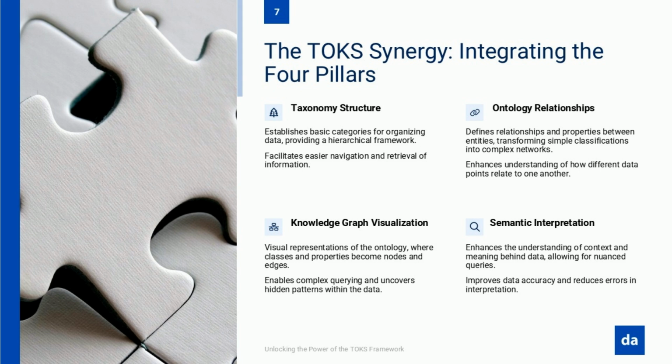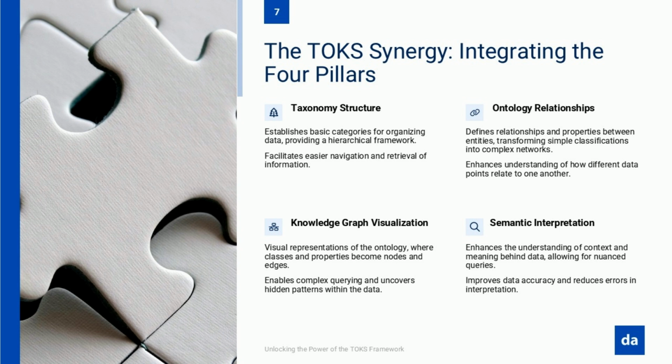For semantic analysis, advanced natural language processing models powered by machine learning can handle increasingly complex linguistic structures and contextual nuances. These models can be trained on domain-specific data to improve their accuracy in interpreting specialized terminology and concepts.